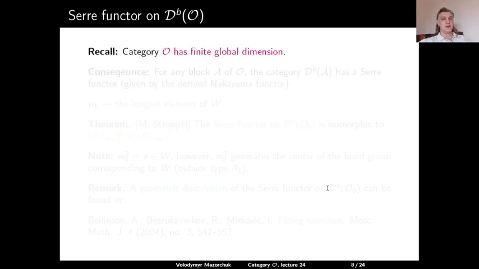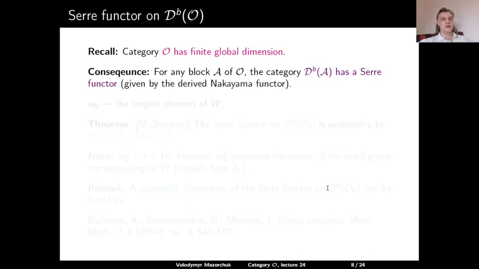Recall that category O has finite global dimension, so from the general result of Happel, we have that for any block A of O, the corresponding bounded derived category has a Serre functor, which is given by the derived Nakayama functor. Let us denote the longest element of W, as usual, by w_0.